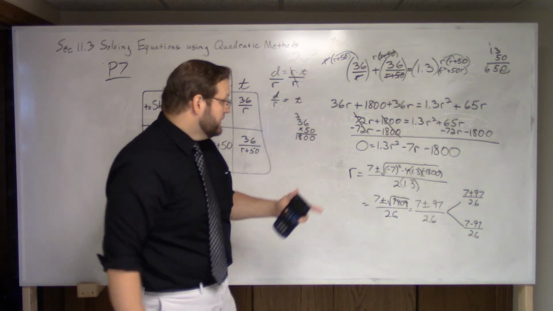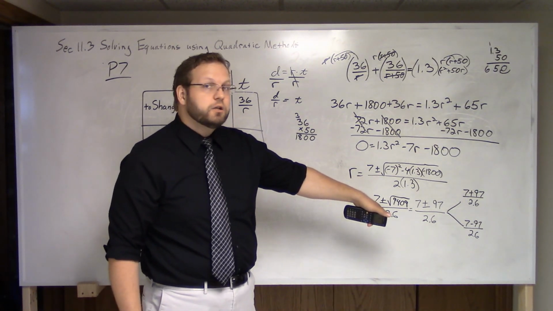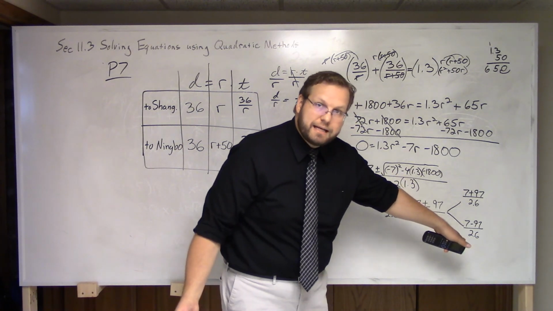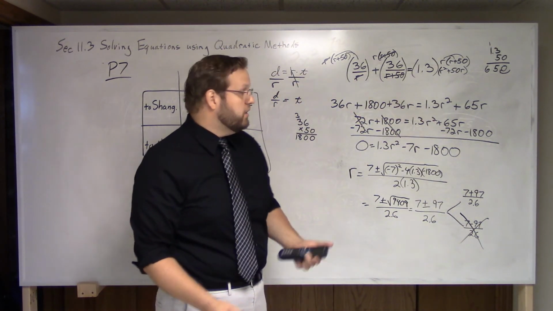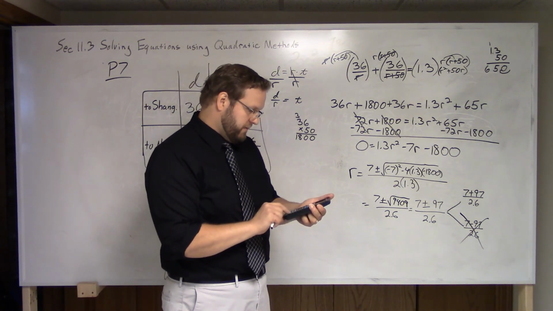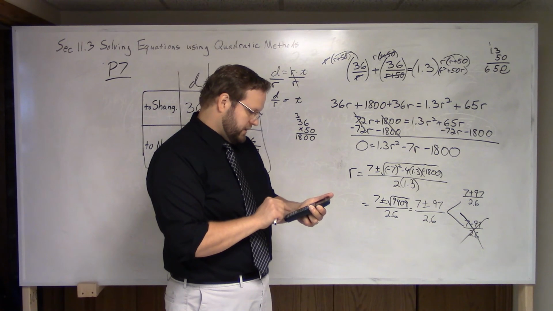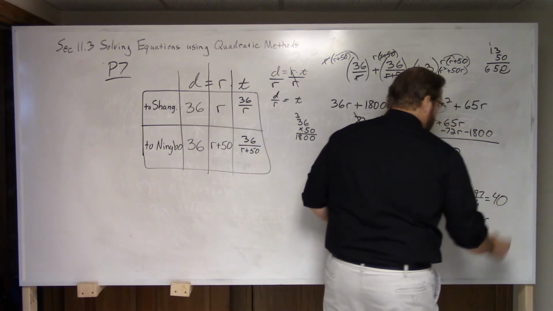Now remember, these are talking about rates, okay? Can we have a negative rate? No. Whatever this ends up being, we know it's negative because 7 minus 97 is negative 90, so that's gone. The only thing we have to calculate is that top one. So 7 plus 97, divide that by 2.6, and we get 40.